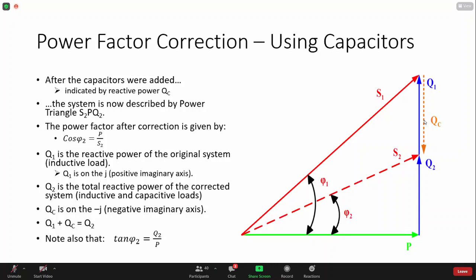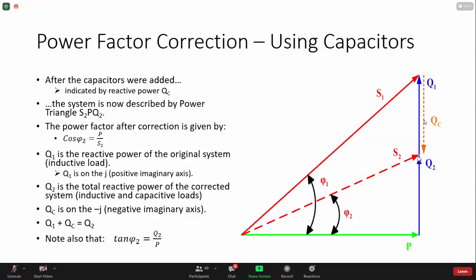Right. So, sir, is there a possibility that you could add enough capacitors to bring the diagram to a point where there's no inductive reactance? Yes, there's no reactive power.